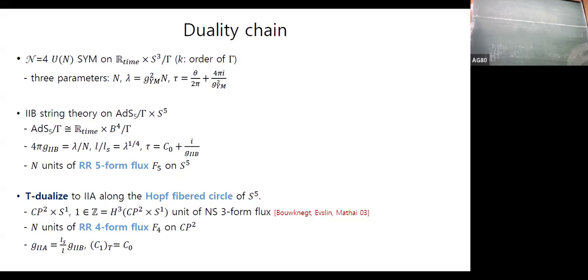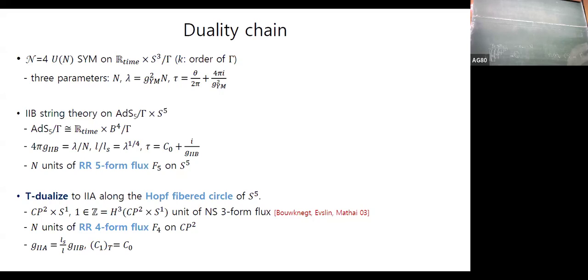Today we always focus on the confined phase, so AdS5 times Gamma has the topology of time times a 4-ball mod Gamma, and the fixed point will be at the origin. As usual, the string coupling, string length and the asymptotic dilaton will be mapped to these parameters.